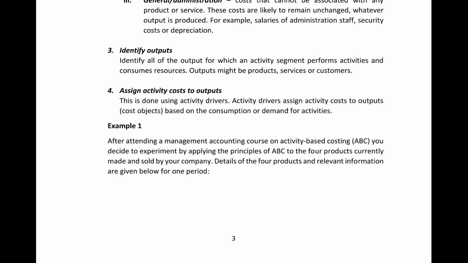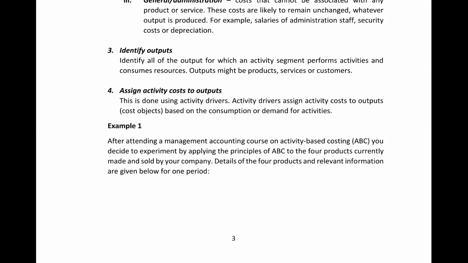The overhead costs. And we made mention that the traditional method is there where you absorb the overheads based on a specific basis of absorption, and then you allocate them to specific departments or specific products.